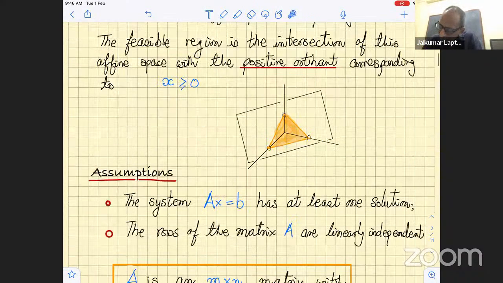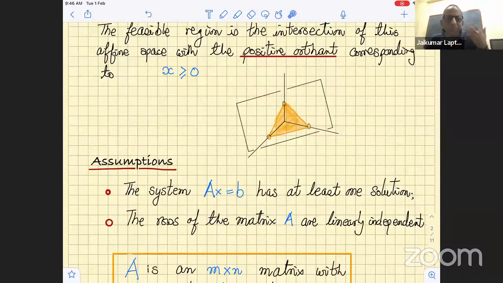Now, when we are thinking about it algorithmically, we will first look at this system of equations and use Gaussian elimination, or some other method, to find out if this system has a solution at all. It need not be a feasible solution of our linear program; these non-negativity constraints need not be satisfied. First, we are asking, just as a system of equations, does it have a solution?